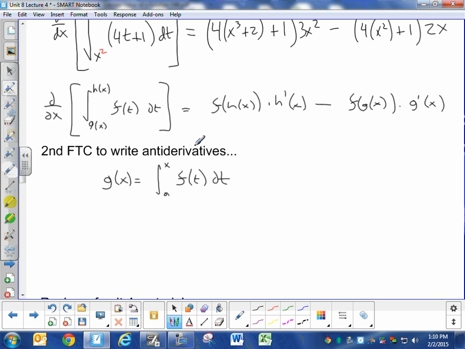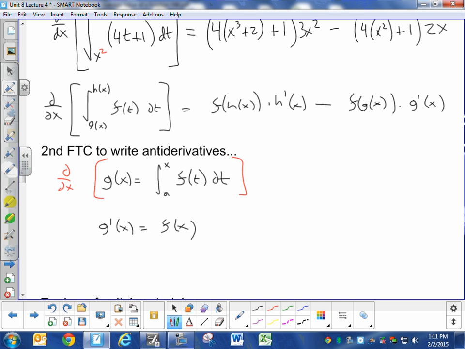G is what? What if I took the derivative of both sides? What would g prime equal? What's the derivative of this? Just f with x's. Aha.